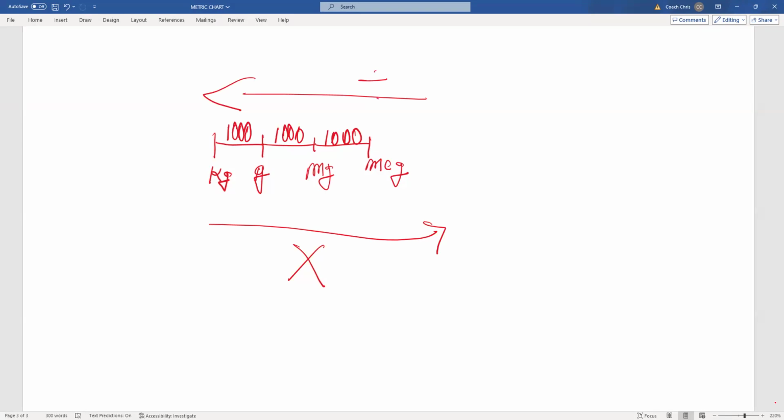Gram to microgram, you multiply by 1,000,000. Milligram to microgram is only one spot, so you multiply by 1,000. Microgram to gram, you divide by 1,000,000. Microgram back to kilogram, you divide by 1,000 by 1,000 by 1,000. All right, this is how you do that. The more you practice, you get the hang of it.